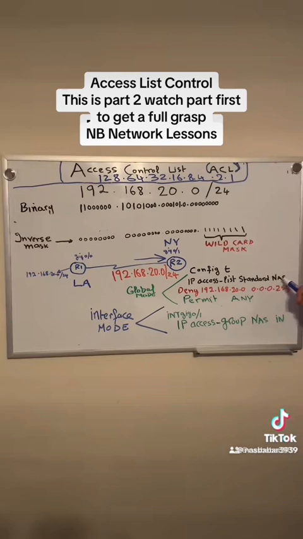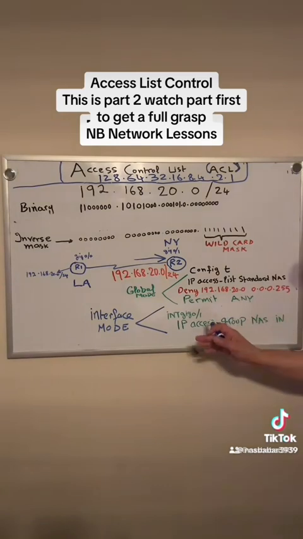I named it NAS, you can name it John, whatever you want. Then you say deny 192.168.20.0 and the inverse mask. The next statement is permit any. So it's going to block this particular subnet and then permit anything else.